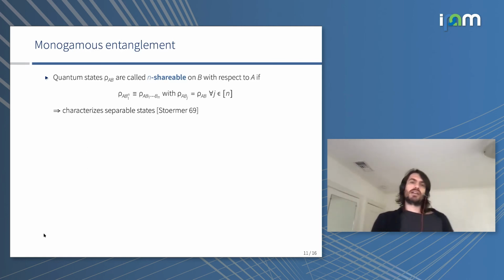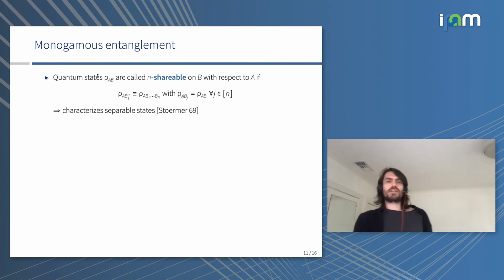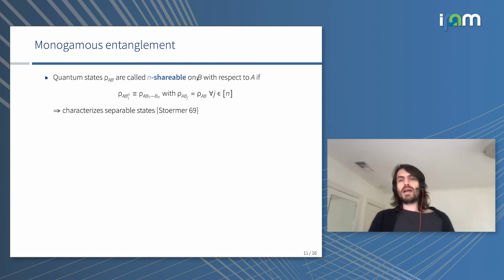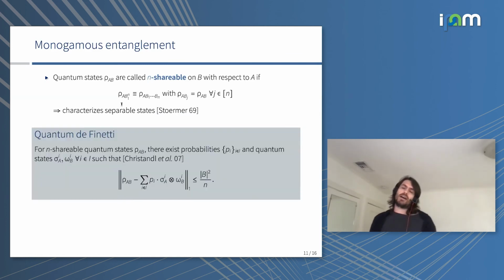If you have a bipartite state rho AB and you try to share this state amongst not only one B, but many Bs, such that all reduced states are the same, then this will not be possible if A and B are entangled. In particular, if you ask that the state is n-shareable for every n, then this exactly characterizes separable states, and we can ask how fast this convergence is depending on n.